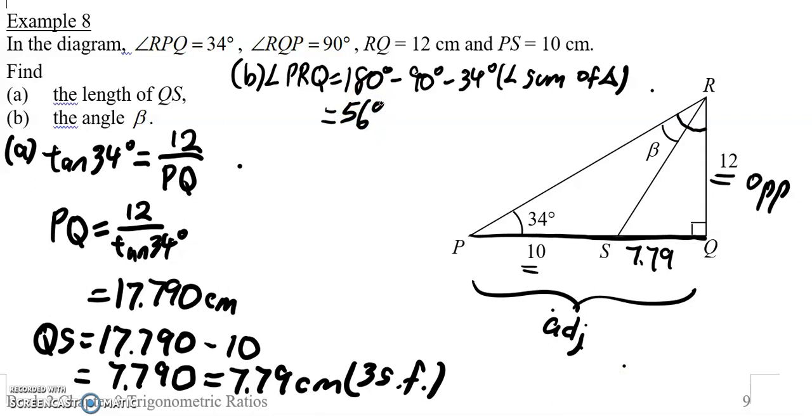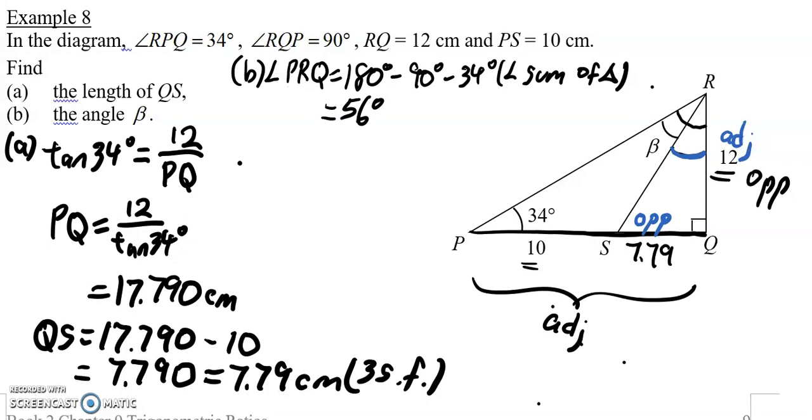Okay, so what we are left with now is for us to actually find angle SRQ. Okay, so to find angle SRQ over here, we notice that 7.79 is actually the opposite side, and this 12 itself is actually the adjacent side. Maybe let me mark down with a color, so this itself is actually now the angle SRQ that we need to find. This is now the opposite side, and this is now the adjacent side.